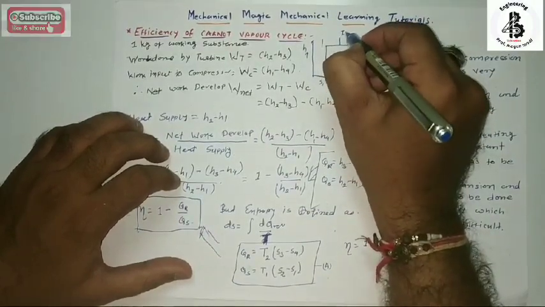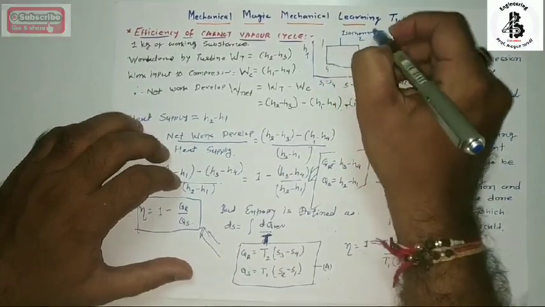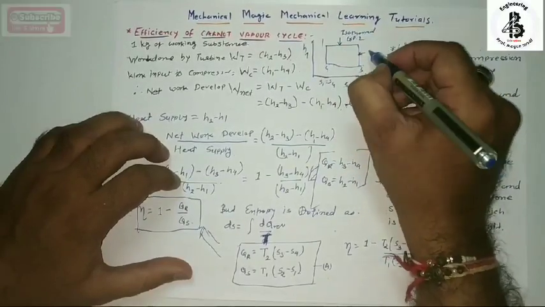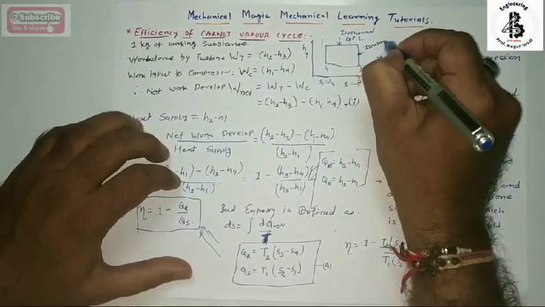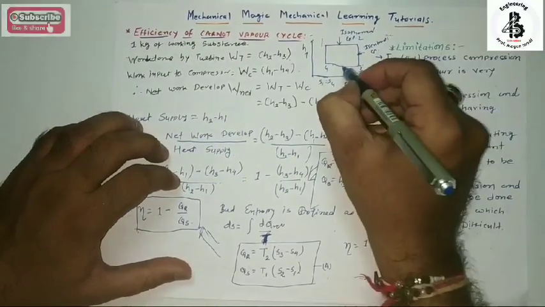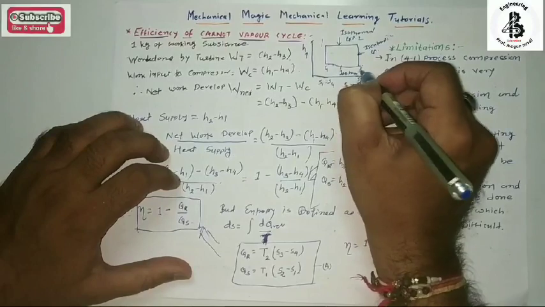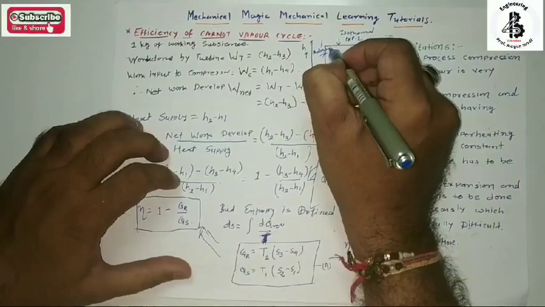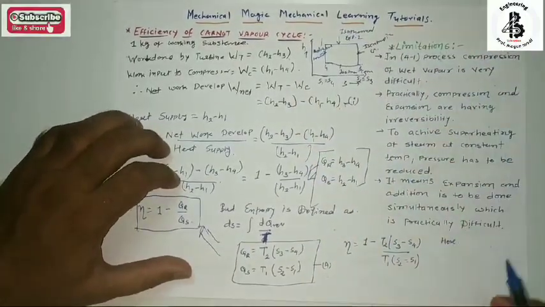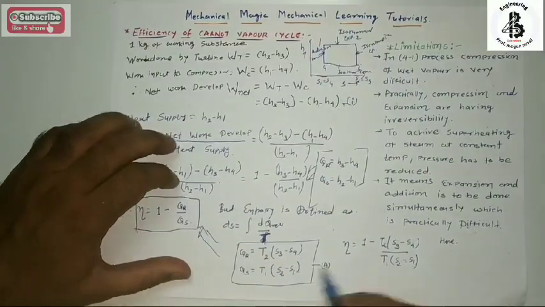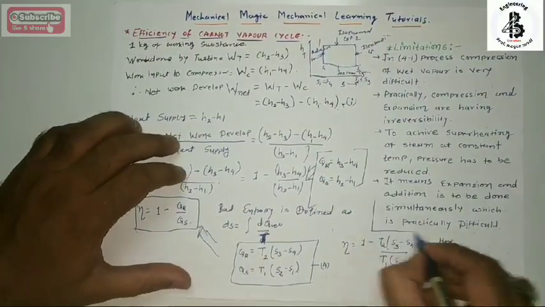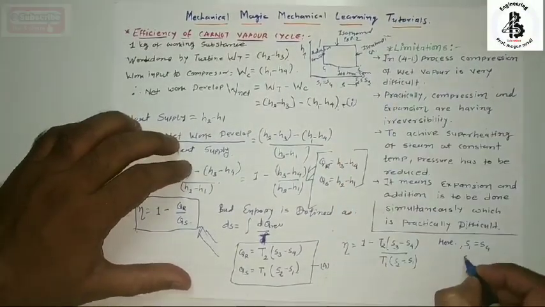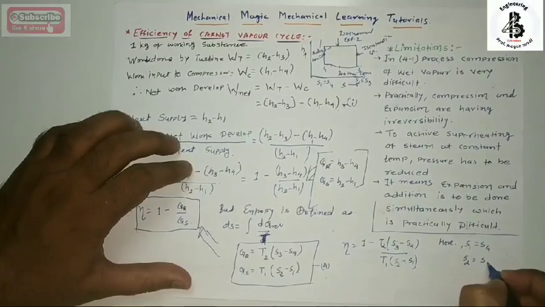So that will be isothermal expansion, that will be isentropic expansion, isothermal compression and adiabatic compression. My interest is what? S1 equal to S4 and S2 equal to S3.